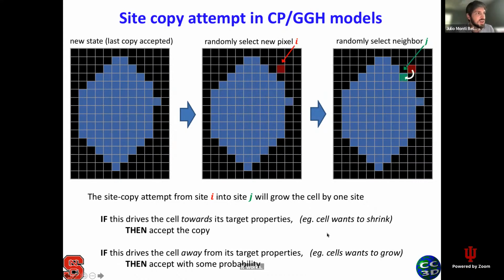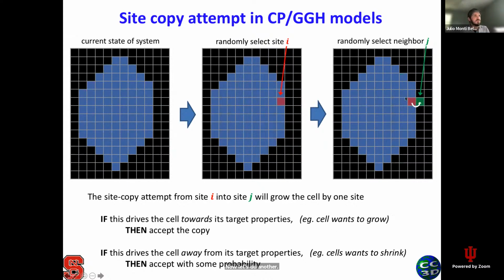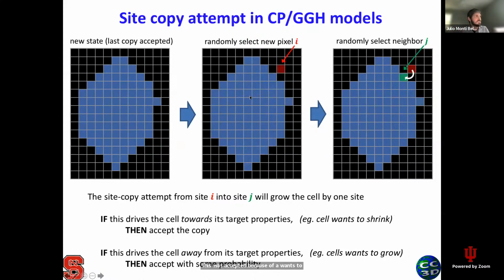Okay, so now let's do another thing. Let's assume that this was accepted because your cell wants to grow. And now what you have is a new state where here's your cell and here's this new occupied lattice site. So the cell is slightly bigger now. Now you do another random selection.